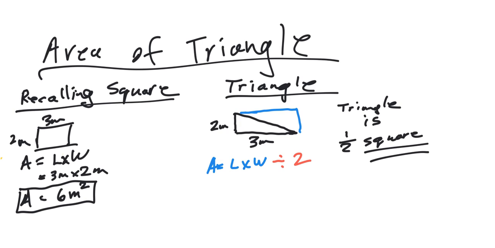So in this case, when we do our calculations, we go A is equal to, well, our length was 3, our width was 2, and then we divide by 2. So 3 times 2 divided by 2 gives us an area of 3 meters squared.